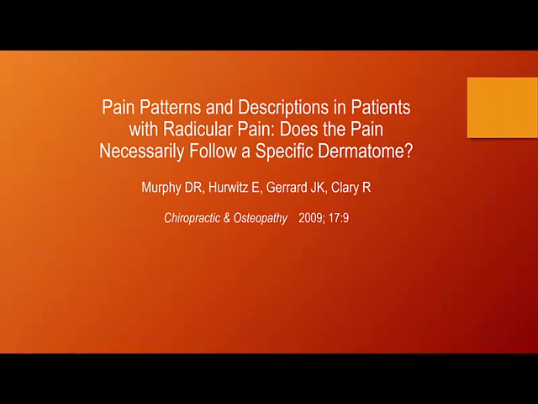One such study was by Murphy, Hurwitz, and Carey. It was a retrospective study performed on patients with known nerve root involvement, entitled Pain Patterns and Descriptions in Patients with Radicular Pain. Does the pain necessarily follow a specific dermatome? It was published in Chiropractic and Osteopathy in 2009.